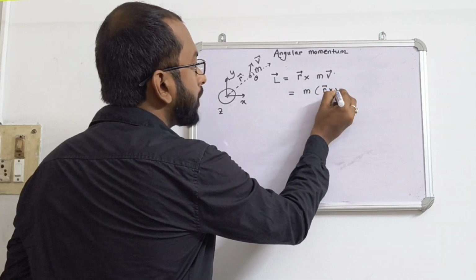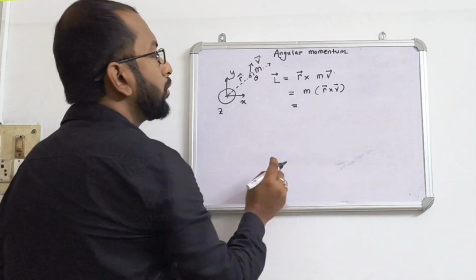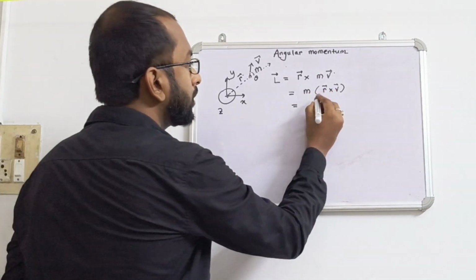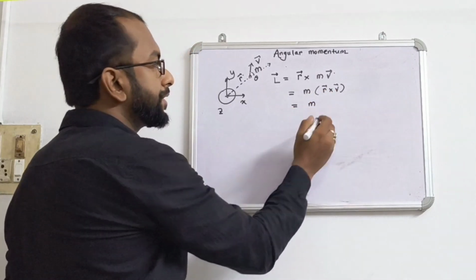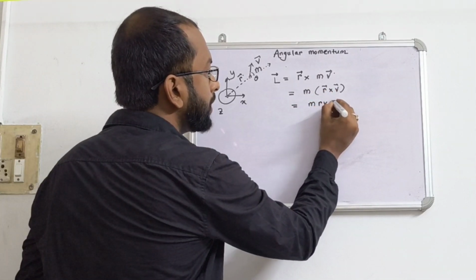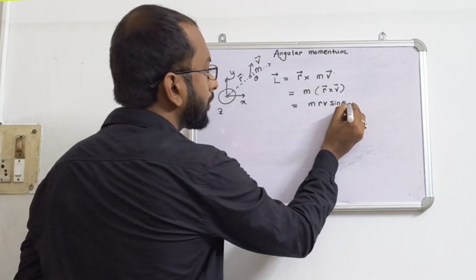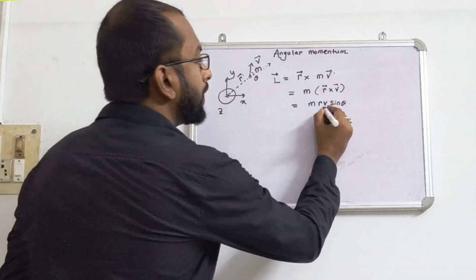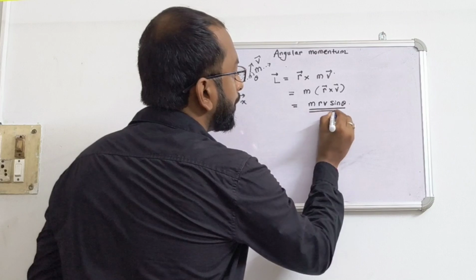So it is just r cross v, and the cross product of these two vectors, if the angle between them is theta, is r v sin theta. That is the magnitude of the angular momentum.